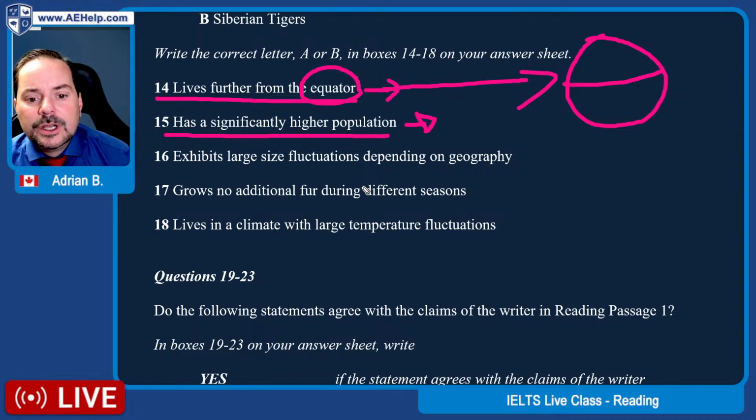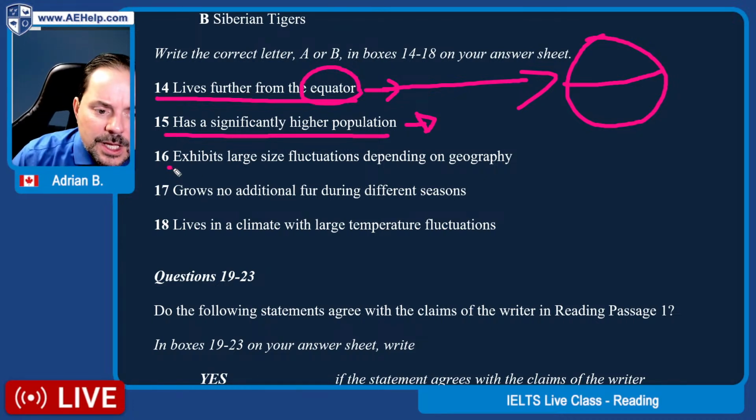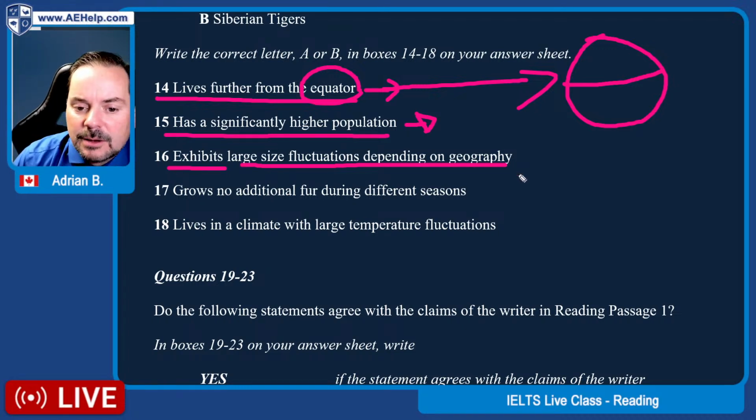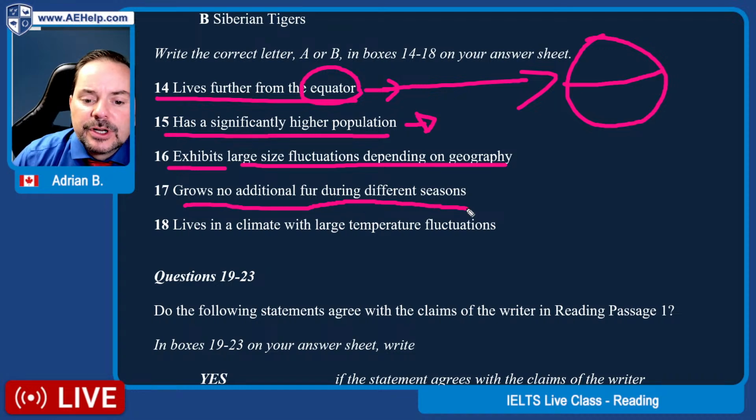So a lot more numbers of either the Bengal or the Siberian, one of them. Exhibits large size fluctuations depending on geography. Okay, so it might be fat or skinny, depending on where it lives. One of them. Grows no additional fur during different seasons, so doesn't grow long body hair in summer, winter times, okay, or shorter.